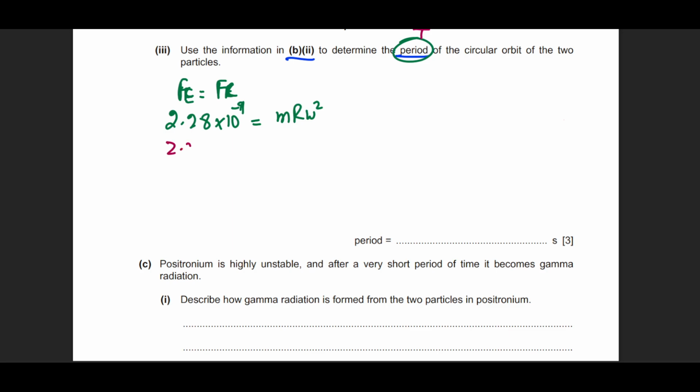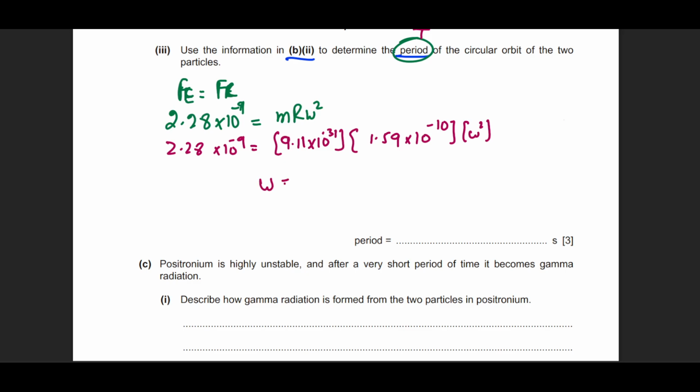So this is 2.28 × 10^-9 equals the mass, which is 9.11 × 10^-31, because we're working with an electron. If you go to another booklet, you will find this value over there. The radius of orbit is 1.59 × 10^-10, times ω², right?